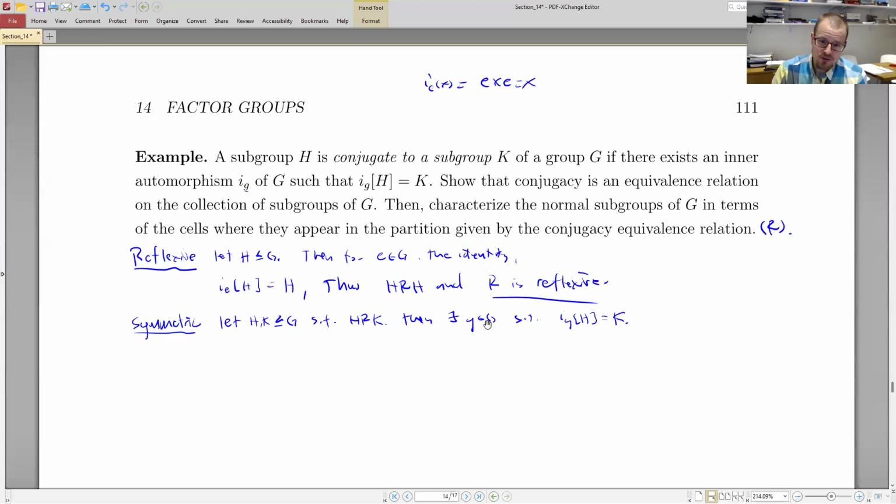So how can I do that? Well, let's see here. So the image of H is this, and that tells us that GHG inverse is K. Now we essentially have this really nice ability to multiply, right?